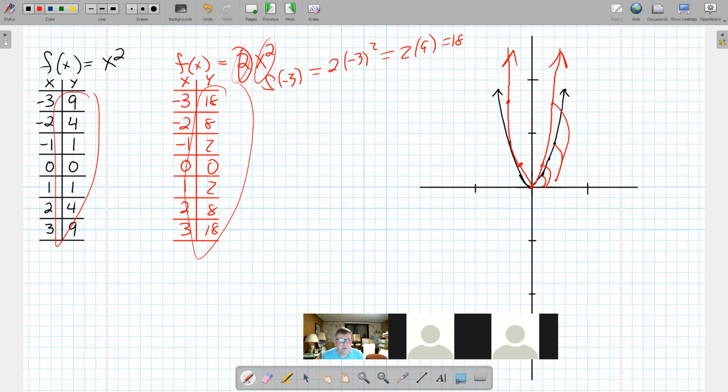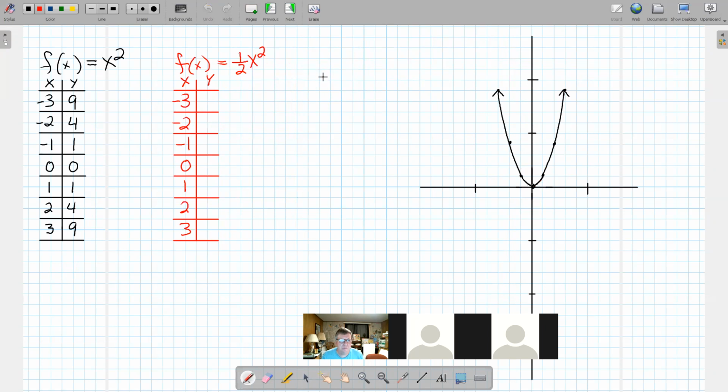Okay. So what about this? Well, this is going to be 9/2, 4/2, 1/2, 0/2, 1/2, 4/2, 9/2. This is equal to 2, and this is equal to 0, and this is equal to 2.